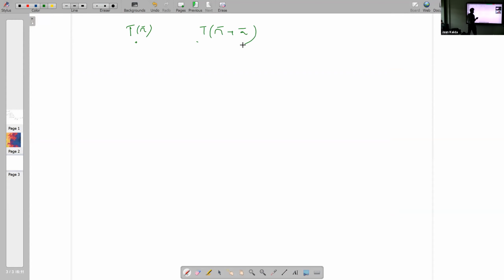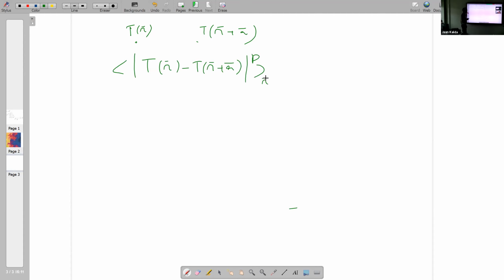Then you consider the temperature difference, T at r minus T at r plus a, take the modulus to a certain power p, and then average. You can average over the full field over r, the reference point, but also over different realizations.